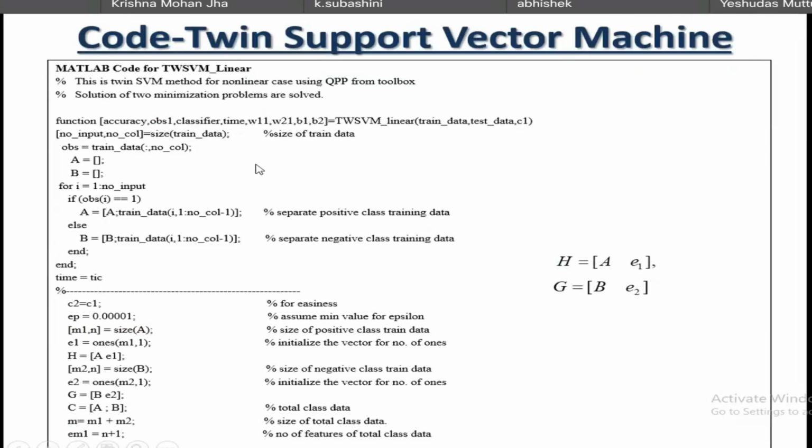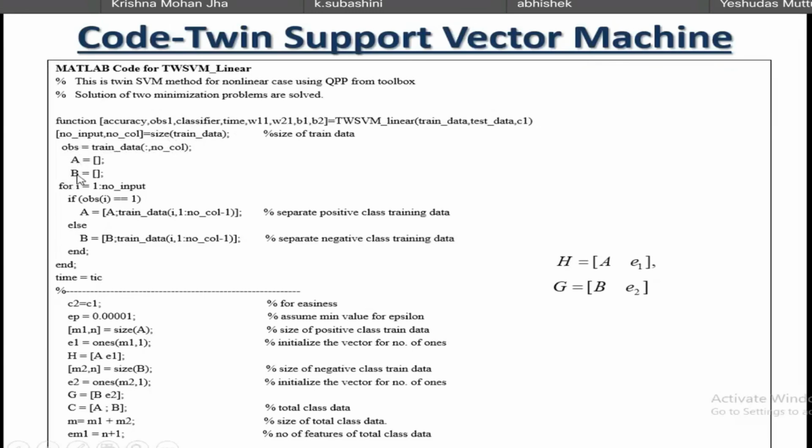Here train data is obviously the training data, so you compute the size through this particular command. Then OBS is nothing but the output, the last column, because train data obviously has all the class labels, so you are collecting them into OBS.